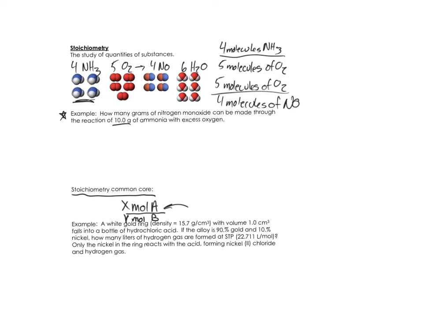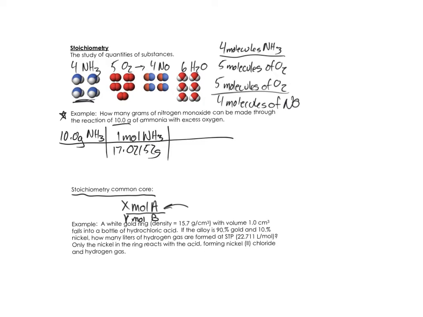So if I have 10.0 grams of ammonia, I can end up doing my molar mass, 17.02152 grams in 1 mole NH3.